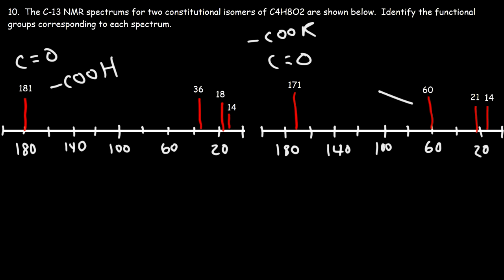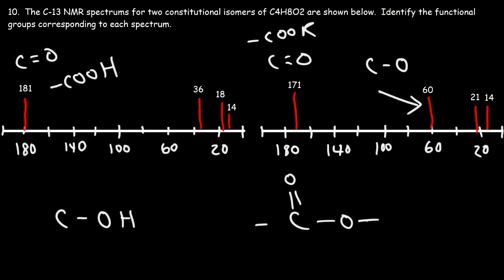Notice that we have a signal at 60. So this is the CO bond of the ester, but we don't see that for a carboxylic acid. Now let's talk about why, because the carboxylic acid does have a CO bond. So why don't we see a signal between 50 and 100 for the CO bond of a carboxylic acid? What would you say? For an ester, notice that there's two CO bonds.